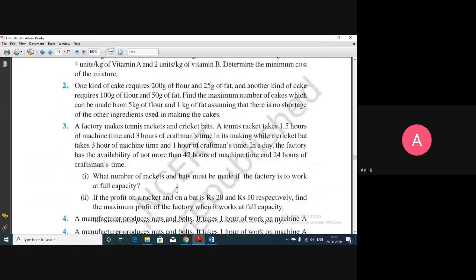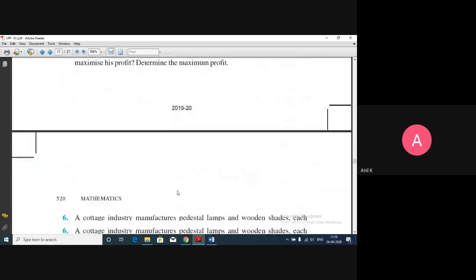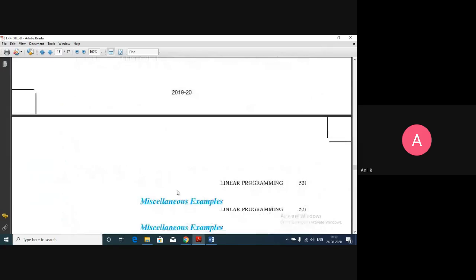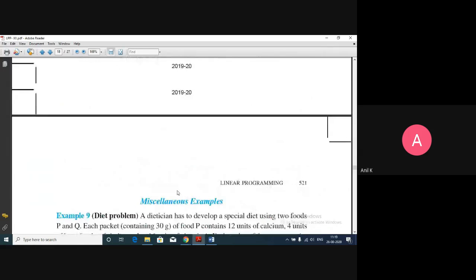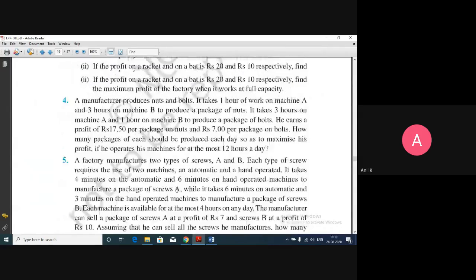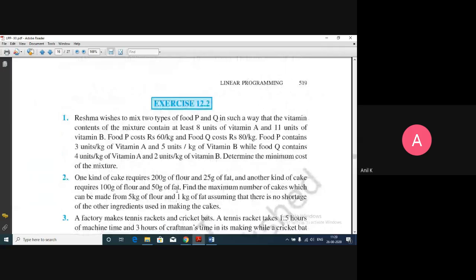Exercise 12.2 started. I think there are 11 questions, so we can solve them. We'll try a few more questions, one more question on dietitian and one more on another type.